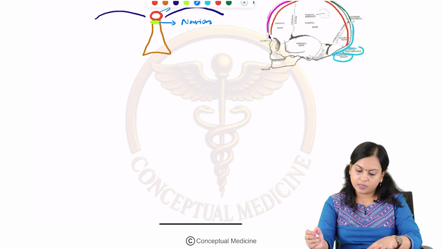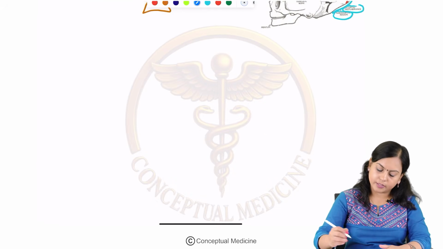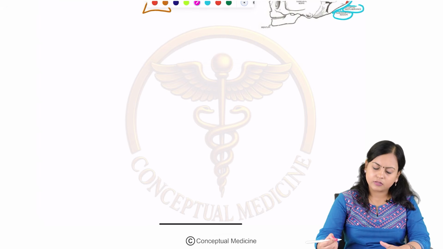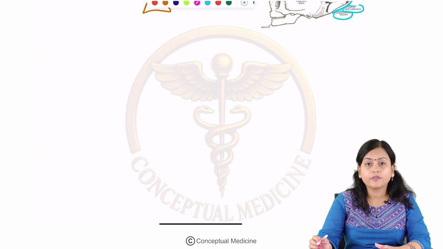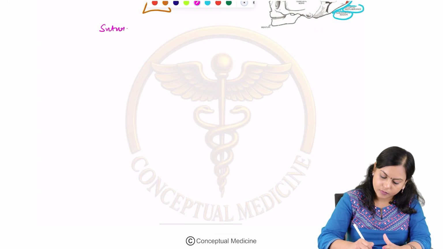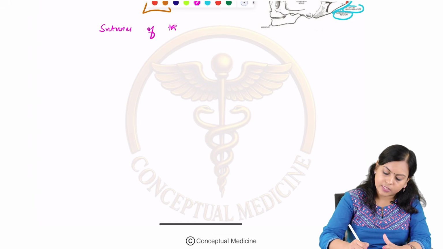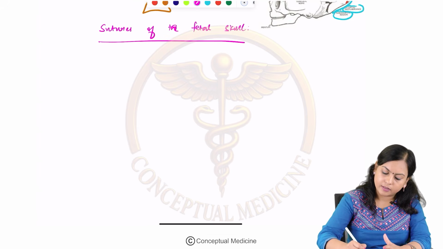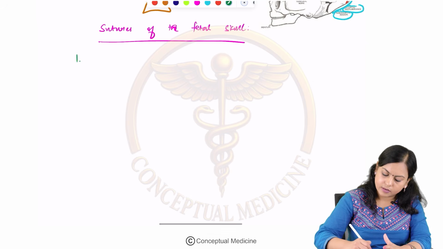Now we will see the various sutures of the fetal skull. Sutures of the fetal skull include, number one, the sagittal suture.